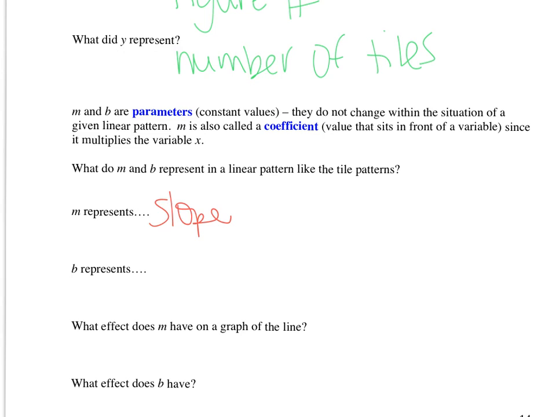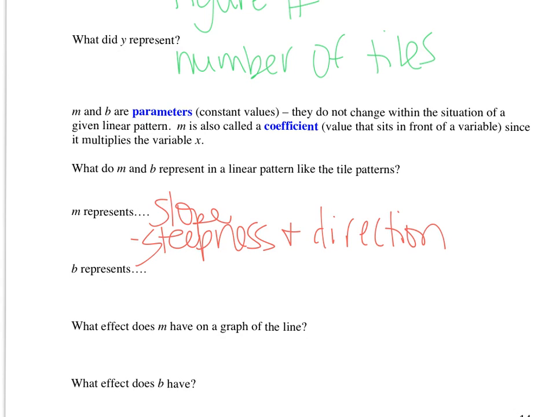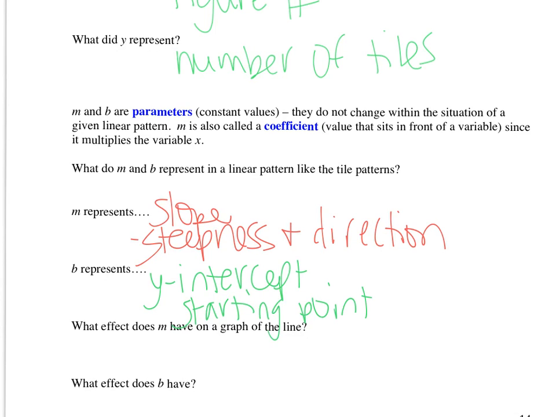It's going to tell us how steep. So steepness and direction of the line. And then the b, that's going to be the y-intercept, our starting point. We'll say starting point when y is 0.